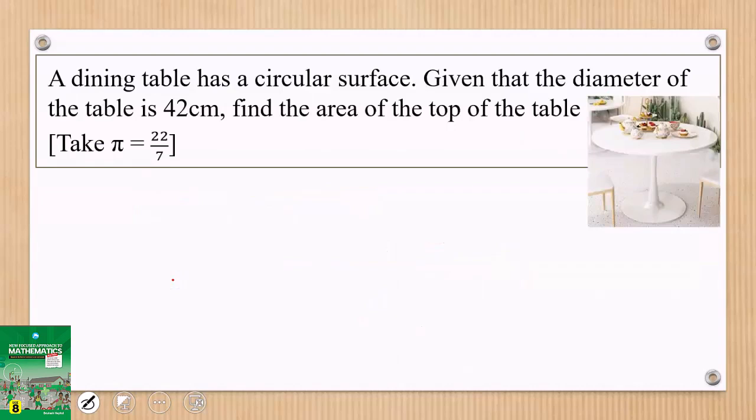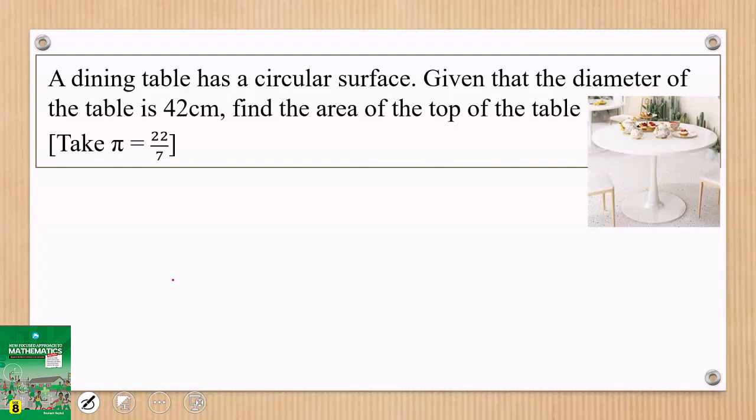Example 2. A dining table has a circular surface. Given that the diameter of the table is 42 centimeters, find the area of the top of the table. Okay, so we are still finding the area of a circle because the dining table has a circular surface.